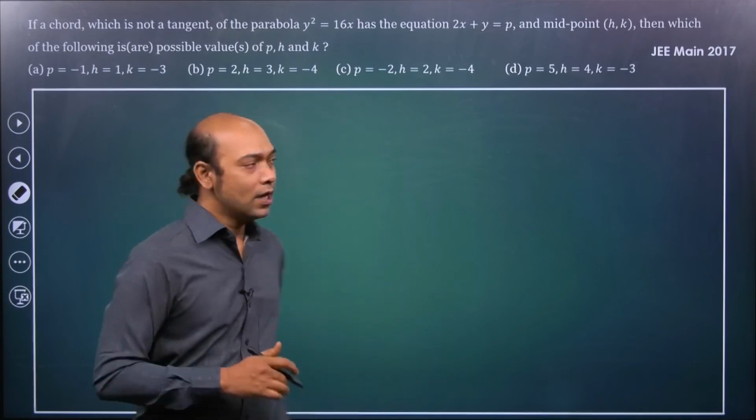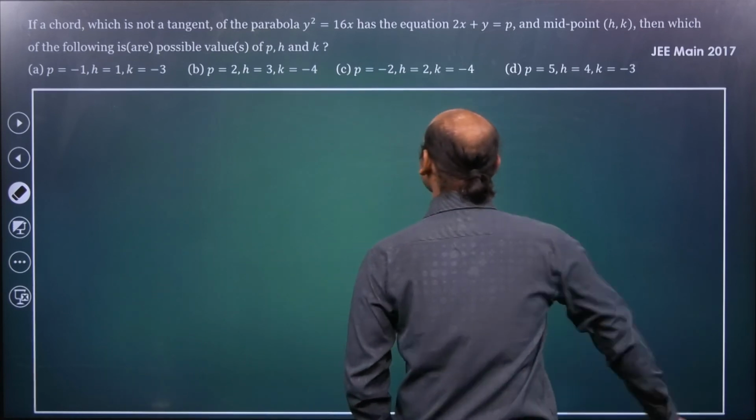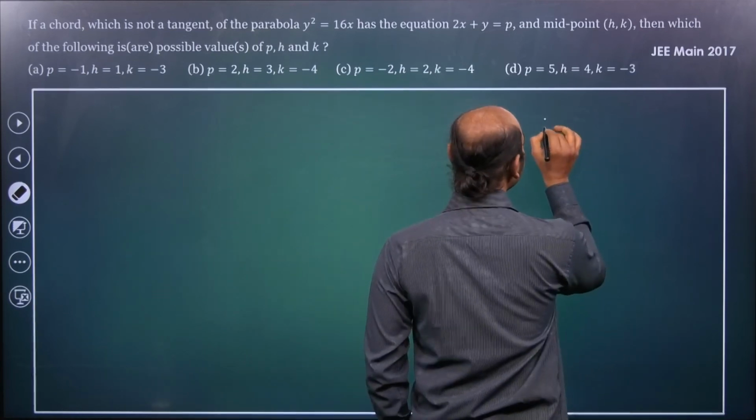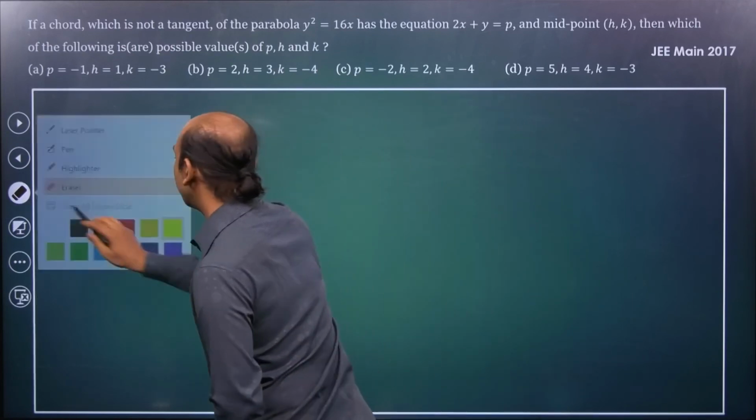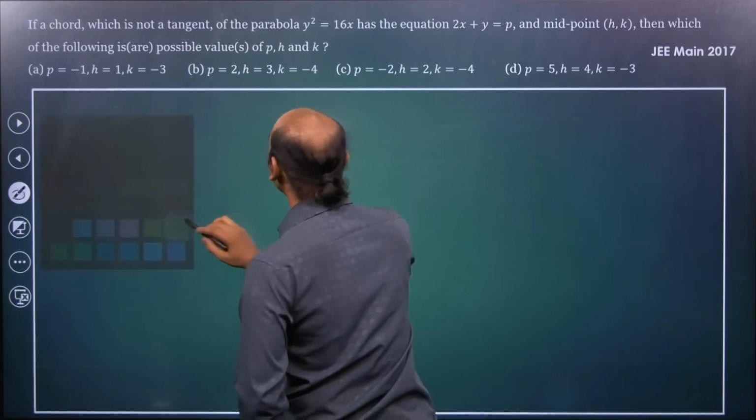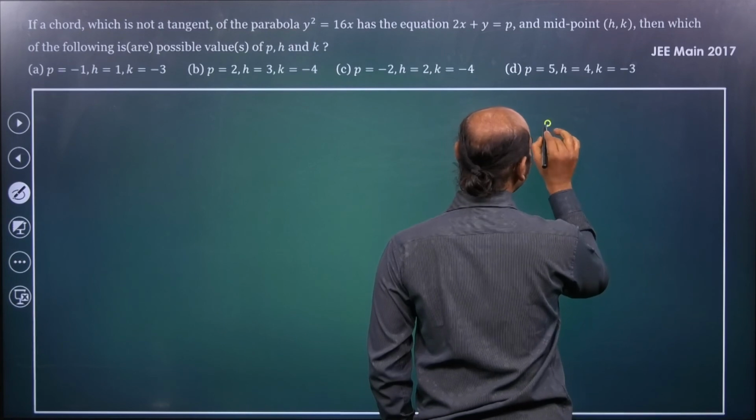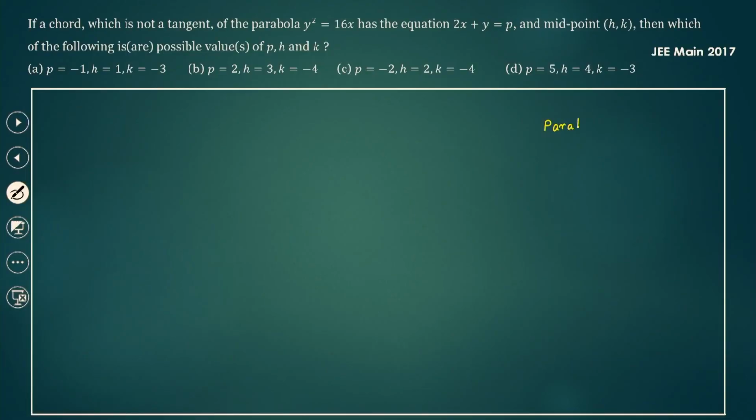Let's see that. Here we'll see what the equation of the parabola is. Our parabola for this particular problem is y square equal to 16x. So let's write down the parabola. Now it says that the chord is given as 2x plus y equal to p.